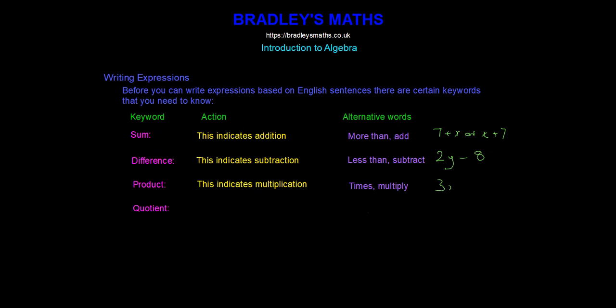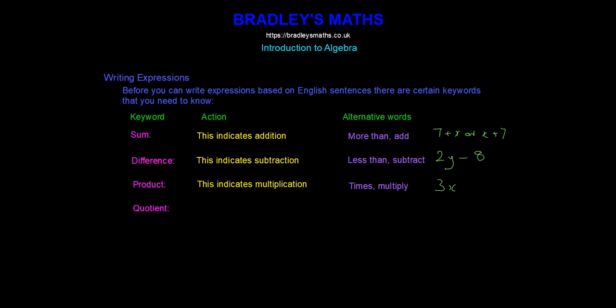Notice we do not put a times sign in. Okay, we write the number and the letter next to each other. So that's how we do multiplication in algebra, and the product is the result of multiplication.